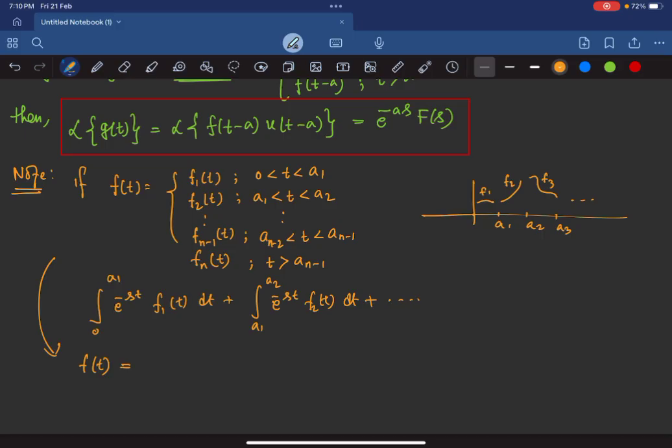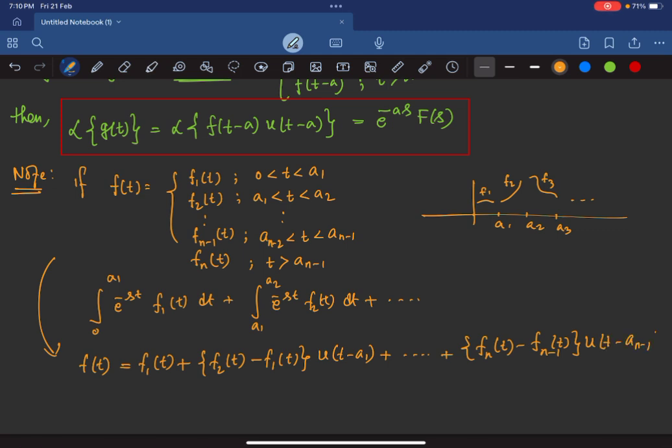Another representation for this function is f(t) equals f1(t) plus f2(t) minus f1(t) multiplied with u(t minus a1), plus, likewise it will continue, the last term f(n)(t) minus f(n minus 1)(t) multiplied by u(t minus a(n minus 1)).